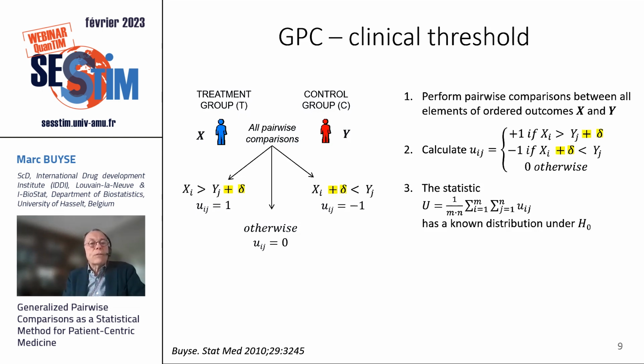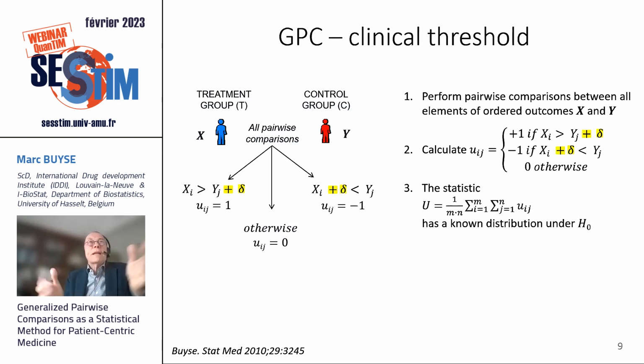Suppose that, again, we go back to a continuous outcome, and suppose now that we will claim that there is a difference between the two outcomes of the treated patient and the control patient only if the difference between the two exceeds a certain threshold that I call delta here, which I call a threshold of clinical relevance.